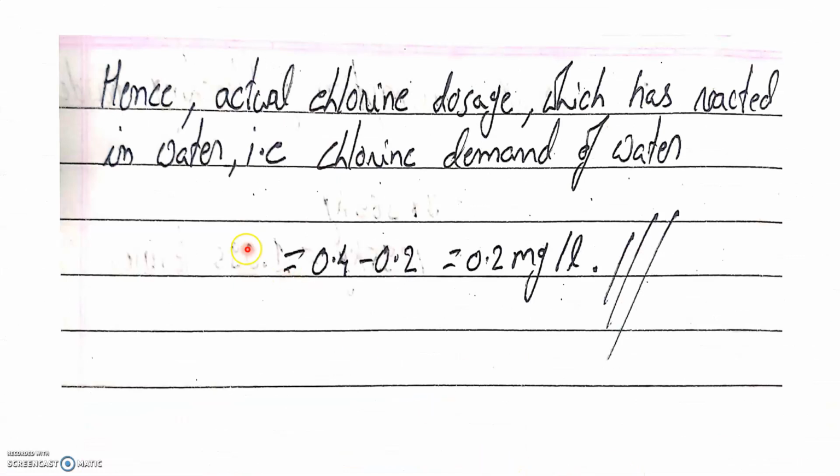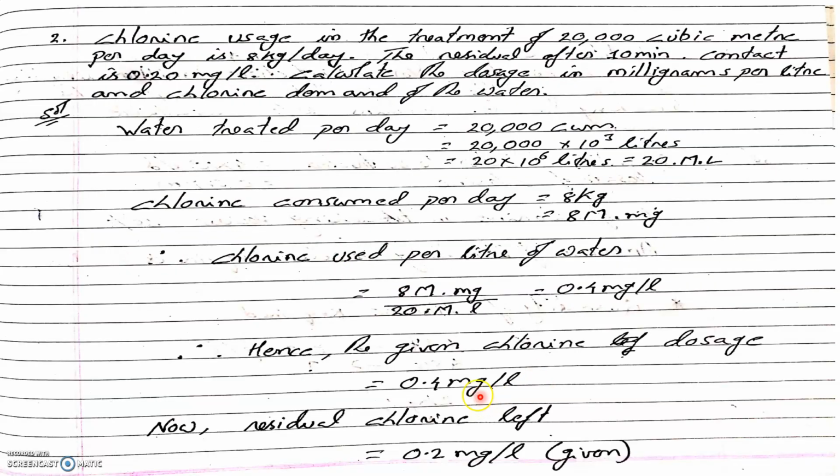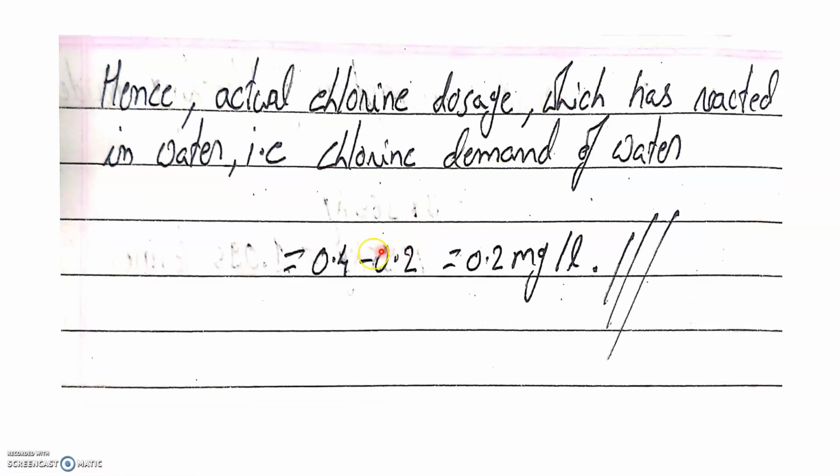So the actual chlorine dosage minus the reaction in water gives the chlorine demand, which equals 0.4, the actual dosage, minus 0.2, the residual. So 0.2 mg per liter is the chlorine demand. In the theory you have seen that it is actual minus residual. So this much is the chlorine demand.